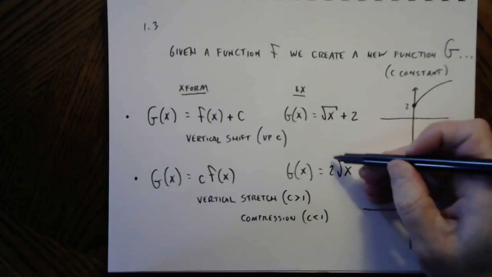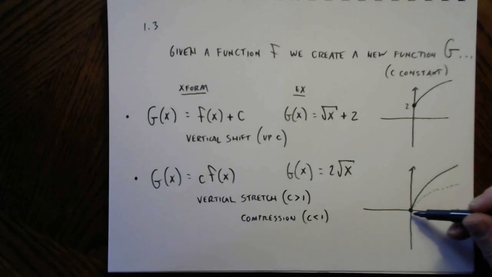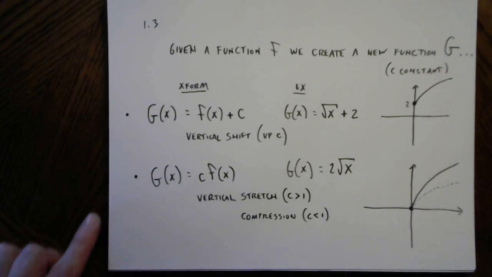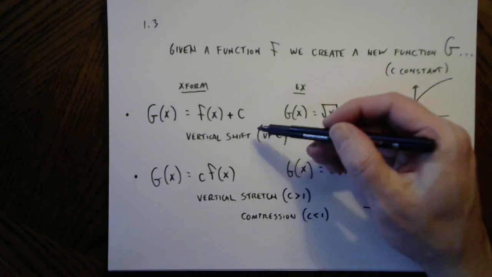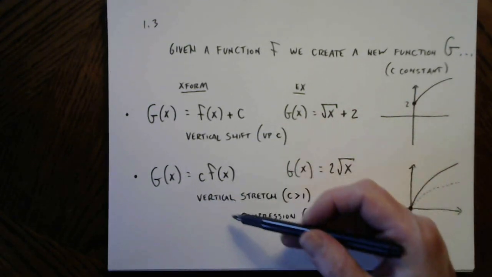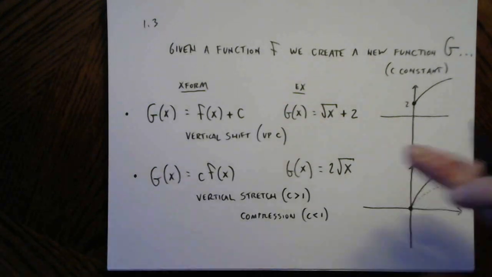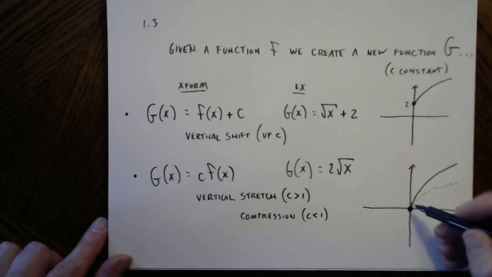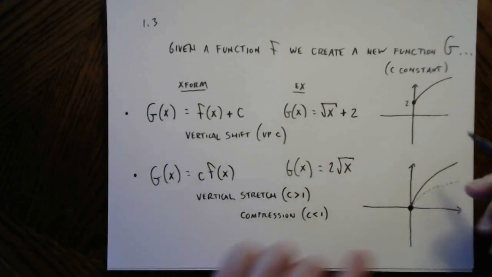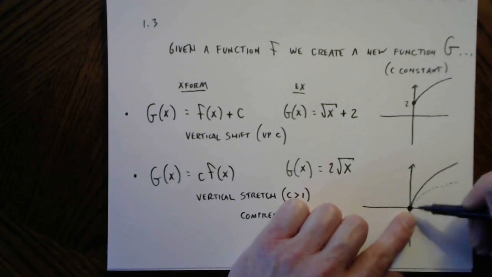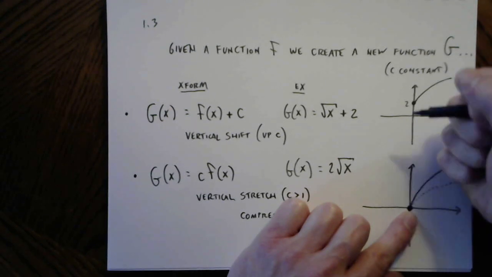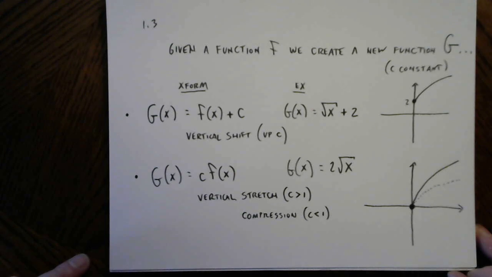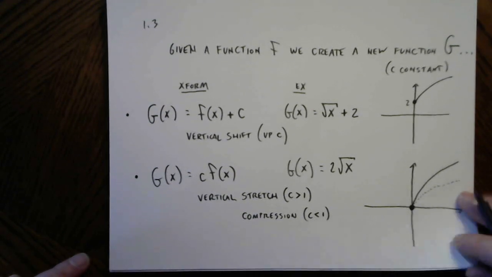In other words, if this was a half instead of 2, I'd be pushed down by a scale factor of 2. So this is a shift, and this is what you call scaling, affecting the scale. Notice the origin remains the anchor here. We're grabbing the original and stretching it by a factor of 2. Okay?